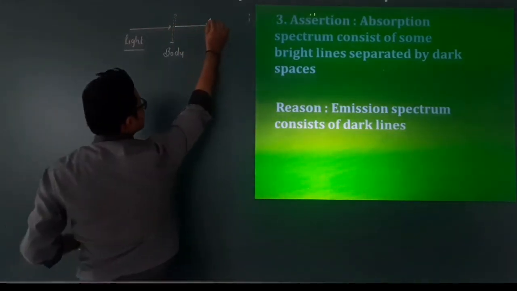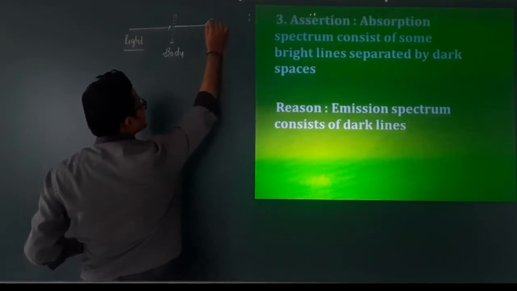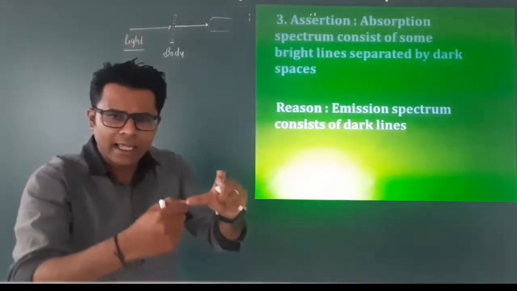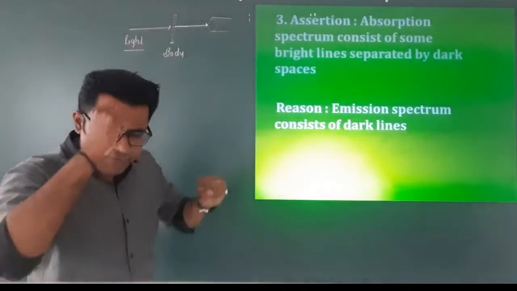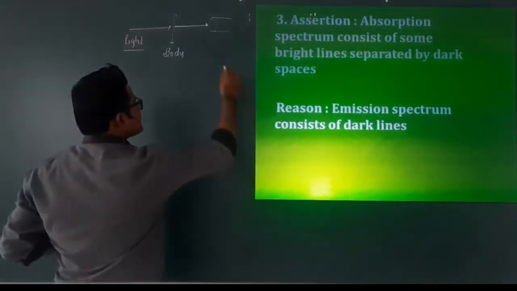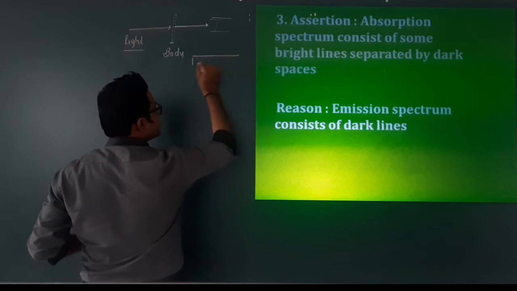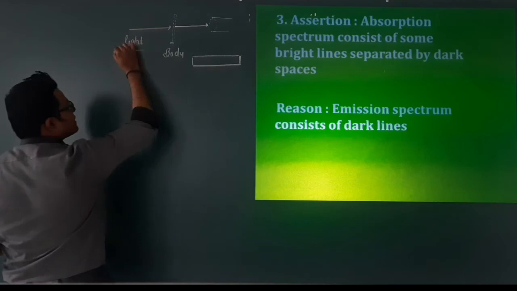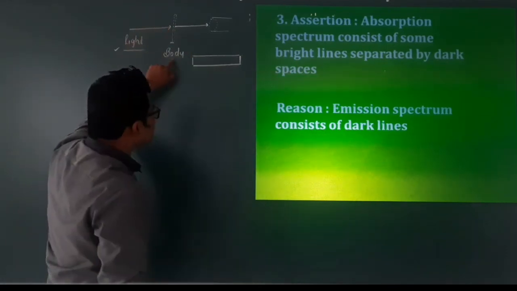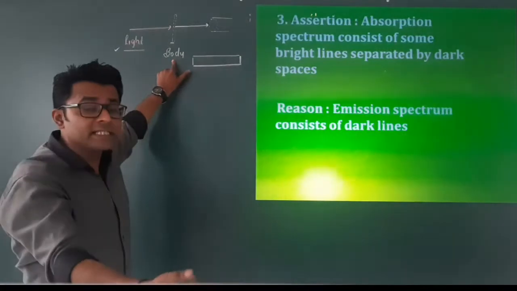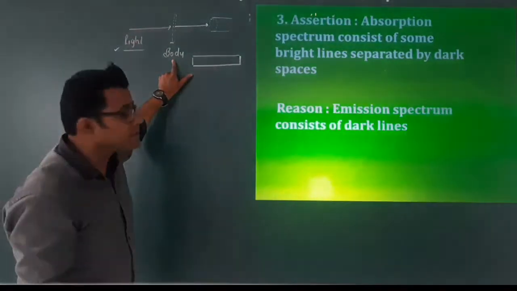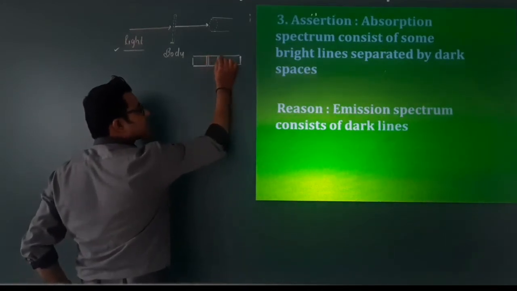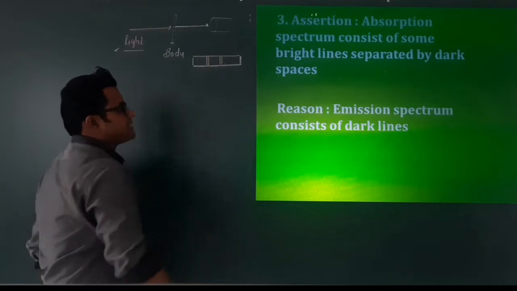Now, when we analyze this radiation using a spectrograph, the spectra, which was actually a continuous spectra because it's of the white light, now has certain lines missing because the body has a tendency to absorb certain wavelengths.